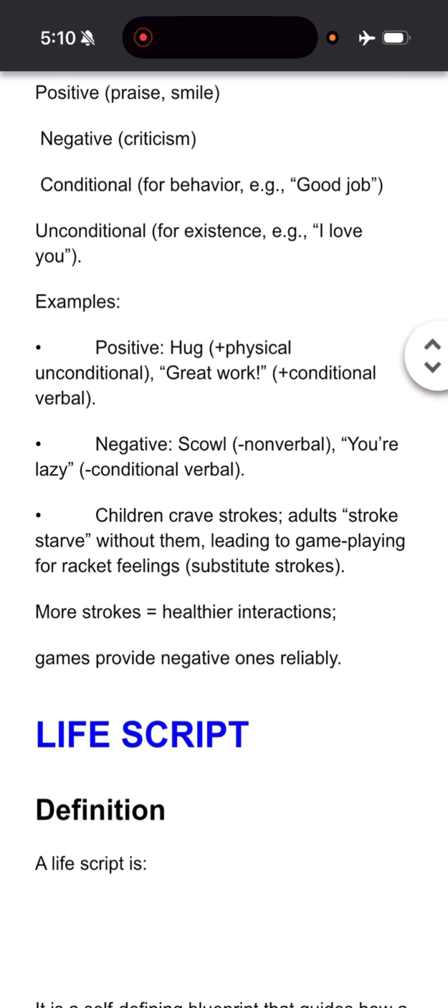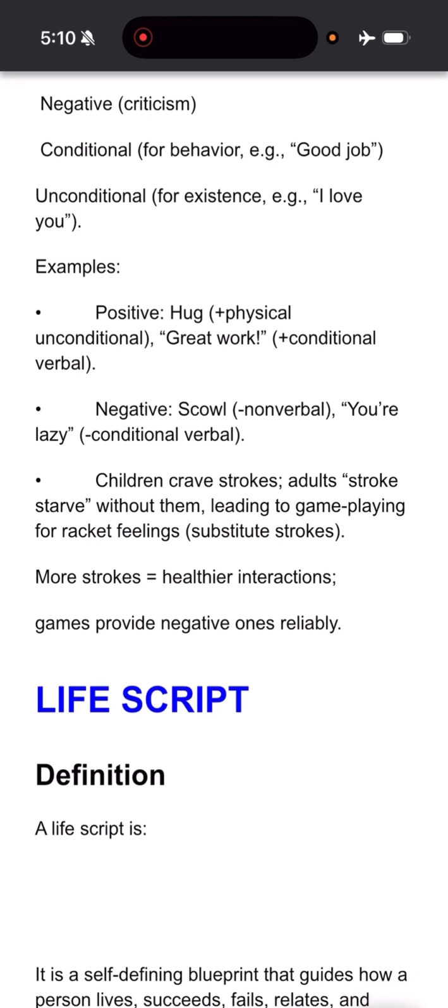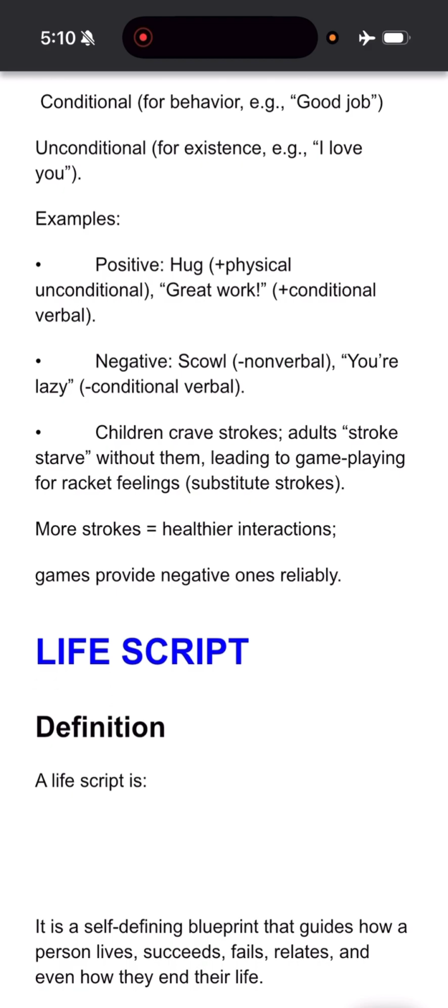Now this is the concept of the stroke. Stroke is the unit of recognition, right? Now children crave strokes. Children always want some kind of reciprocation, some kind of recognition. They crave strokes. If there are more strokes in a communication, I'm communicating with you, I'm giving more strokes, it means there is more recognition.